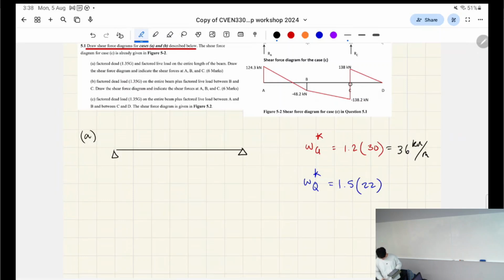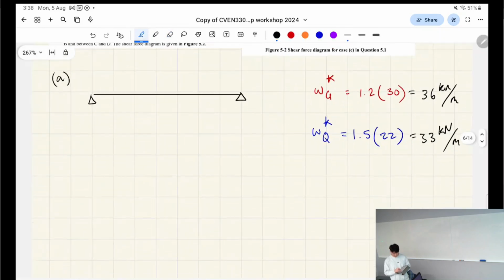Okay, that's that. 1.5 times 22 is 33. So why are we not considering this loading case? It'll almost never govern, that's why.